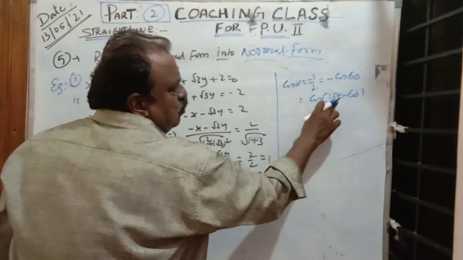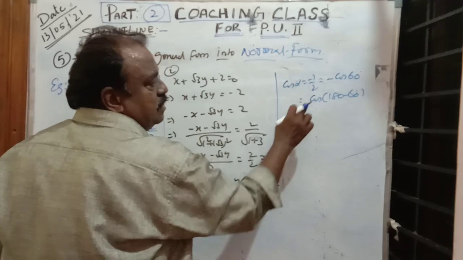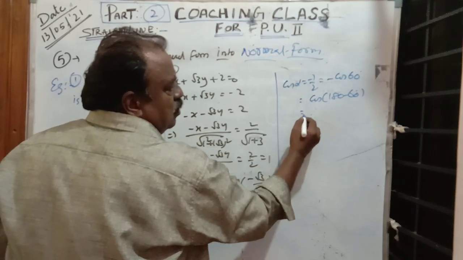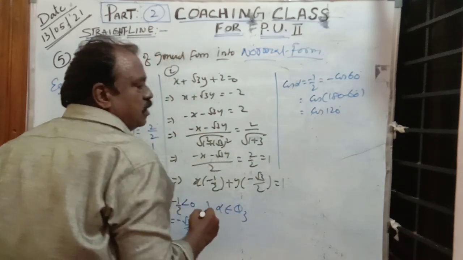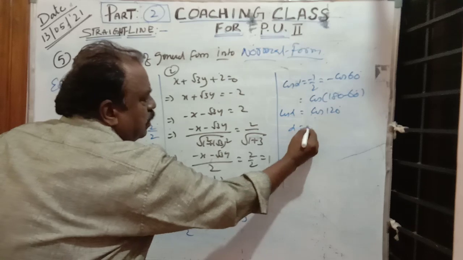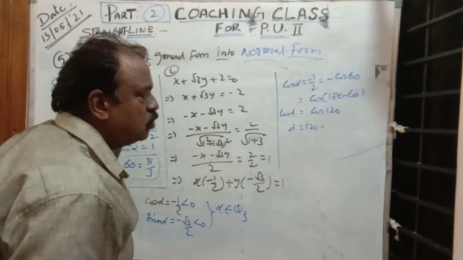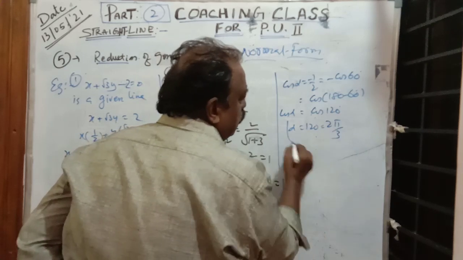Cos of 180 minus theta is minus cos theta. That minus cos 60 can be written like this. This is nothing but cos 120. So here alpha is 120, which means 2 pi by 3.